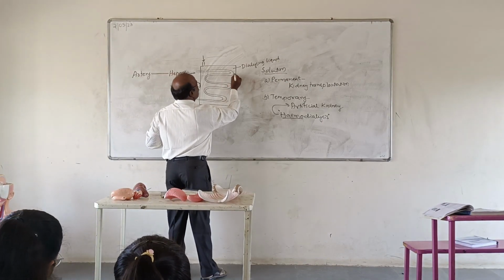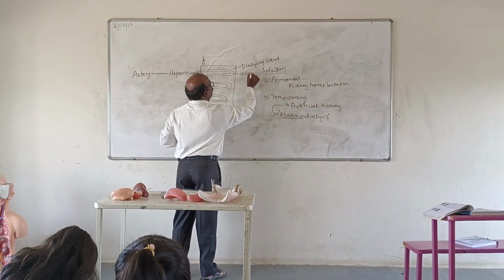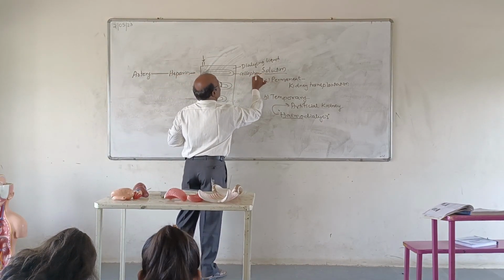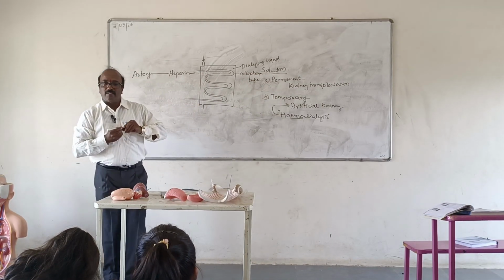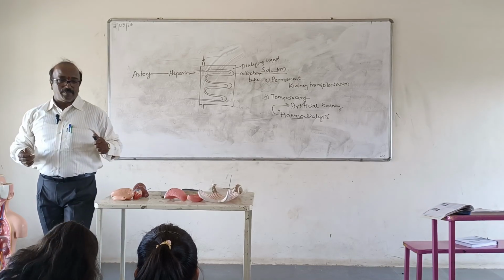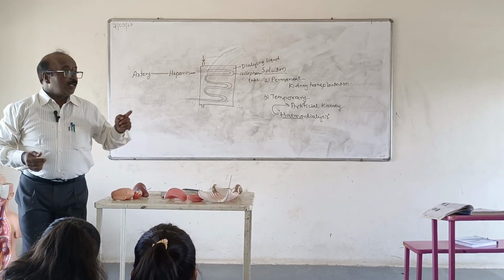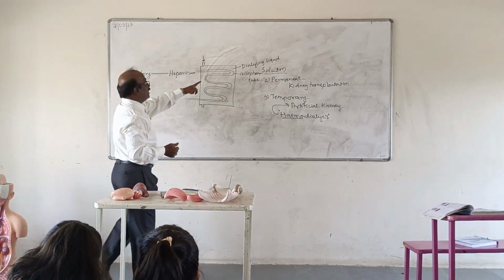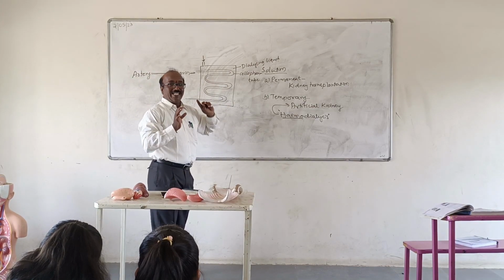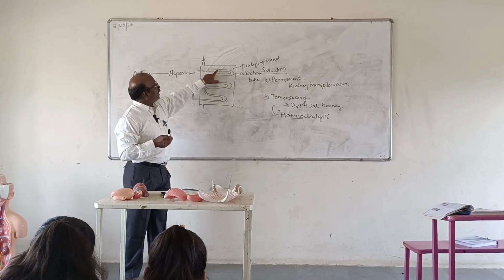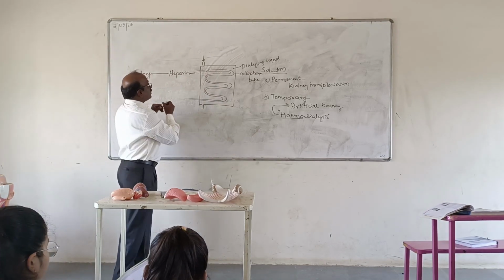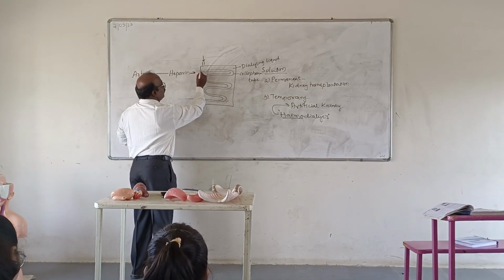Now this is a cellophane tube. You remember we keep learning about semi-permeable membrane and permeable membrane. The cellophane tube is a permeable membrane. The blood is allowed to pass through it.